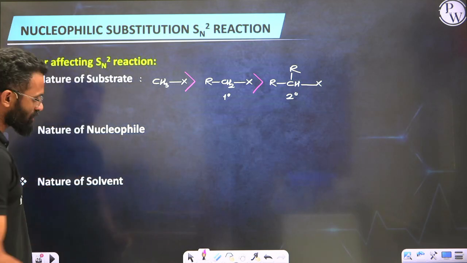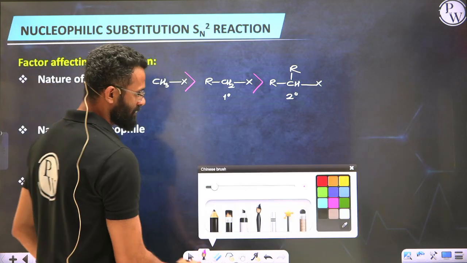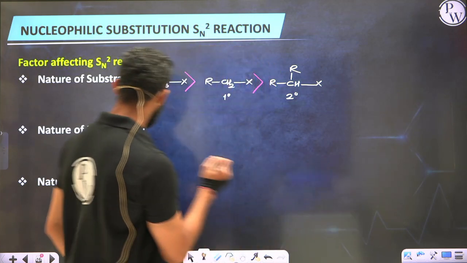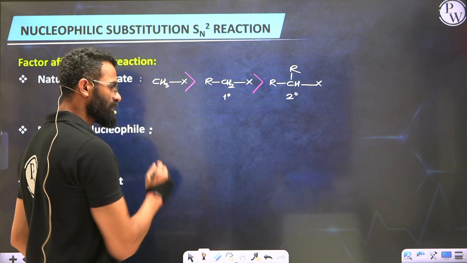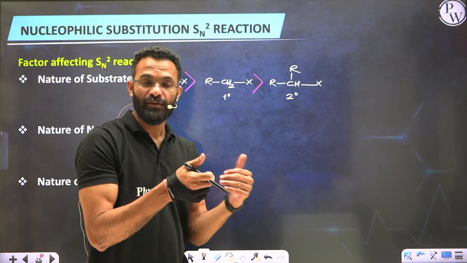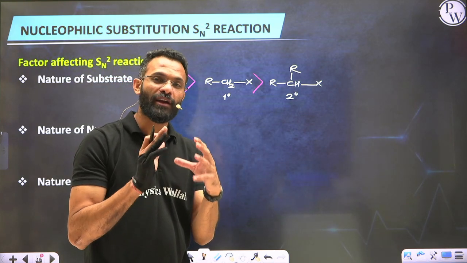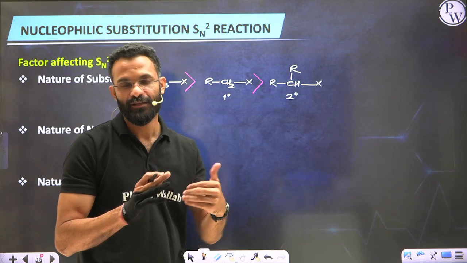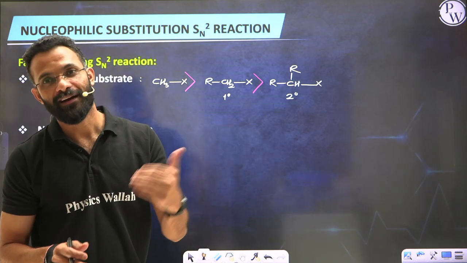Second factor, nature of nucleophile. Again, because we are talking about SN2, which is the concerted step, we want simultaneous attack of nucleophile and departure of leaving group. So we want a nucleophile to be strong enough to attack at the deficient carbon. Strong nucleophile meaning anionic nucleophile.